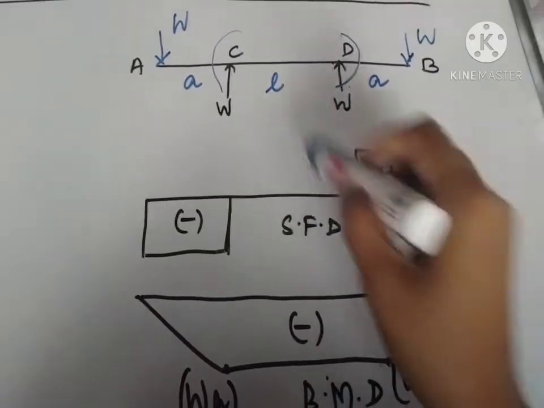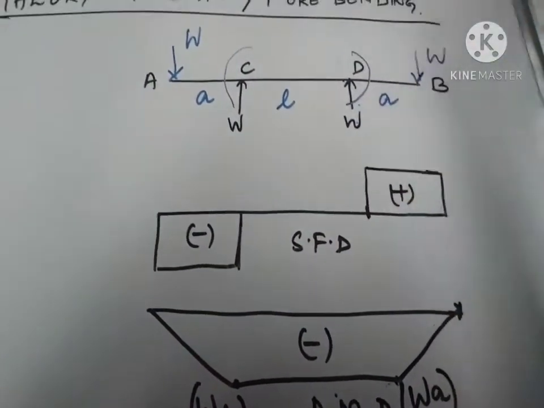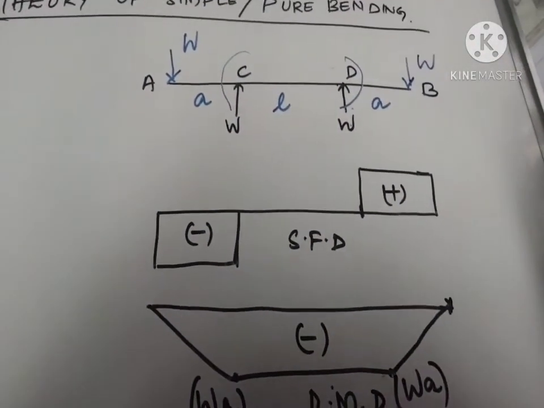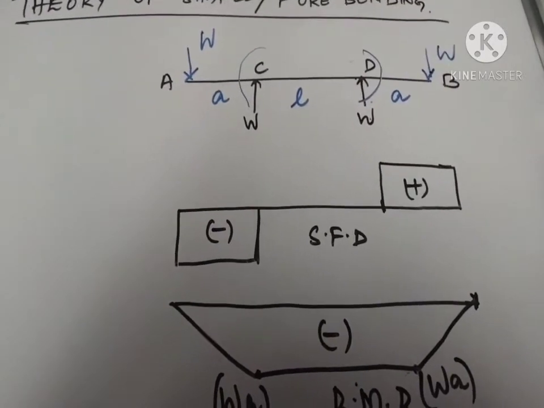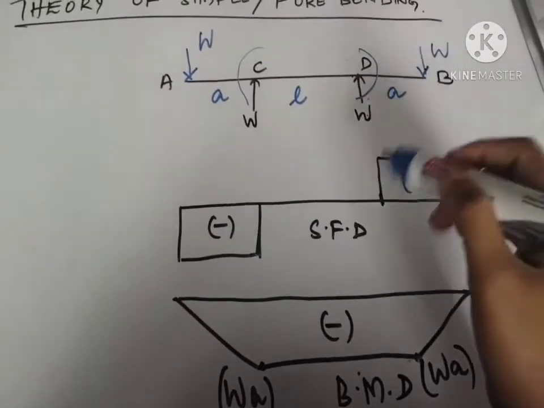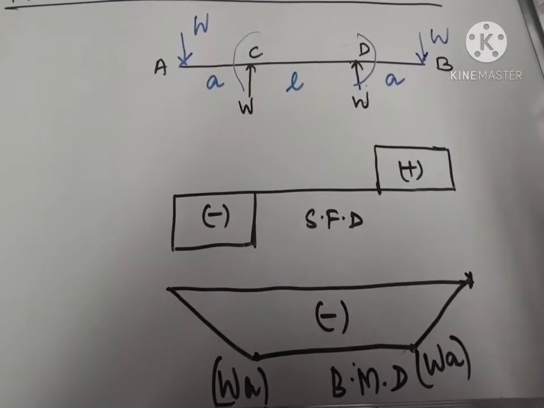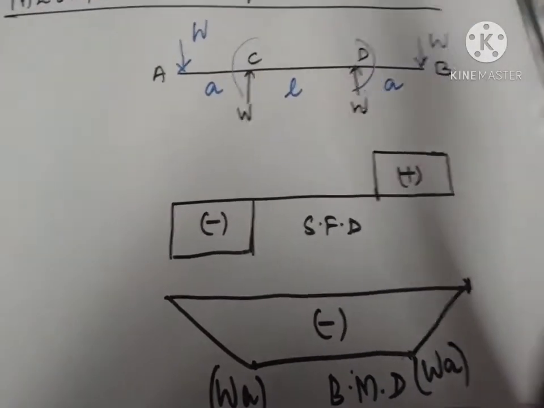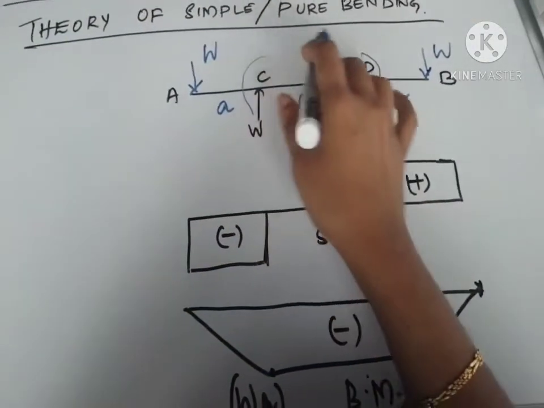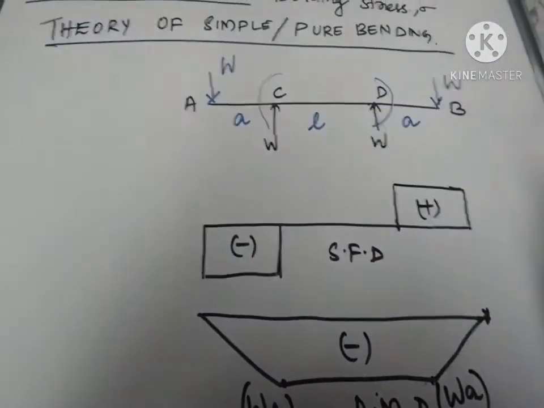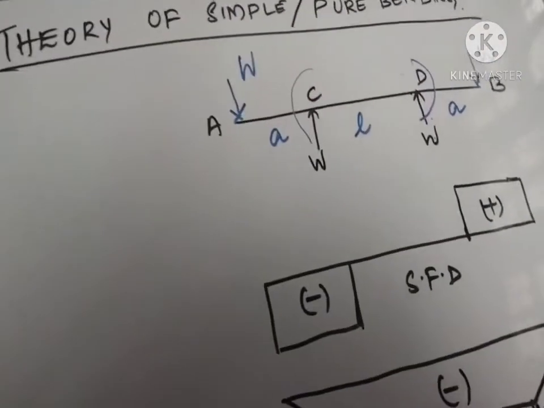So portion CD is said to be in a state of pure or simple bending. In practical conditions, the bending moment can never be constant. So this is only a theoretical concept, the theory of simple or pure bending.